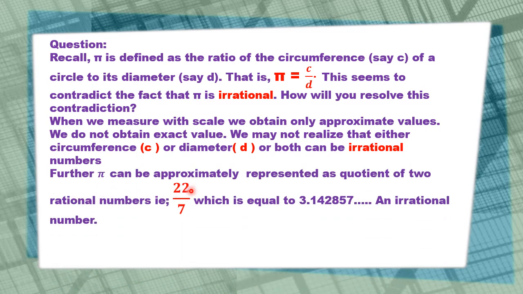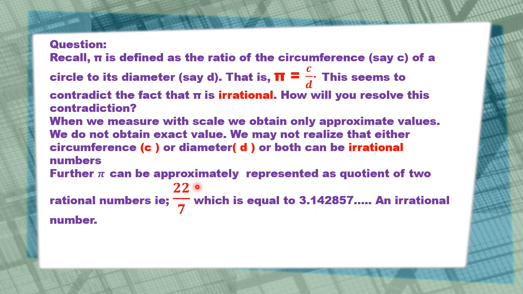Further, pi can be approximately represented as the quotient of two rational numbers, that is 22 upon 7, which is equal to 3.142857 and so on. This value you are very much familiar with. This is the value of pi and it is an irrational number.